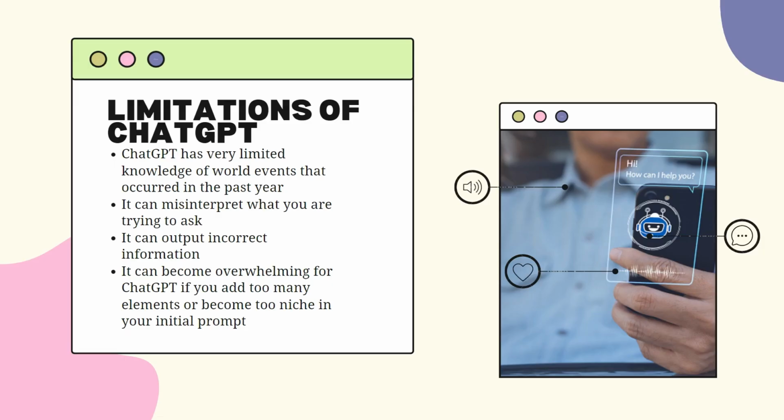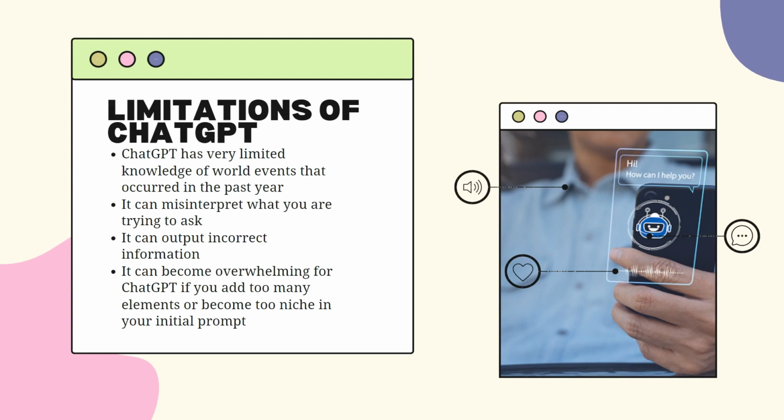Then comes the question, what are the limitations of this? We discussed what it can do, and now the limitations. ChatGPT has very limited knowledge of world events that occurred in the past year, and it can misinterpret what you are trying to ask. Sometimes it cannot really meet human standards.